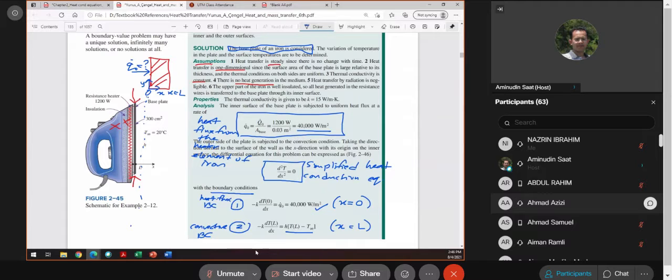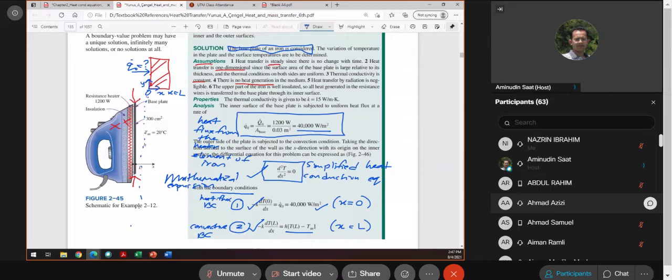So this is the mathematical expression of this problem, with boundary conditions 1 and 2.